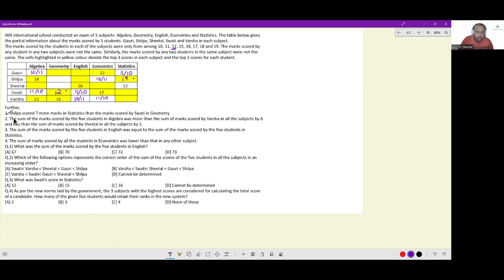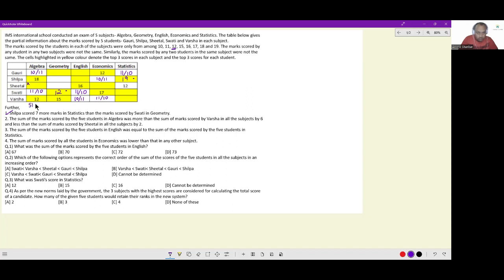The sum of marks scored by the 5 students in algebra was more than the sum of marks scored by Varsha in all 6 subjects by 6 and less than the sum of marks scored by Sheetal in all the subjects by 2. So for algebra, let's say Sheetal's score here was X. So we have 21 plus 30.